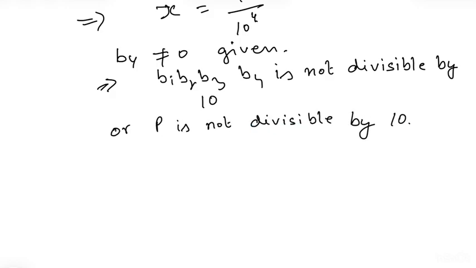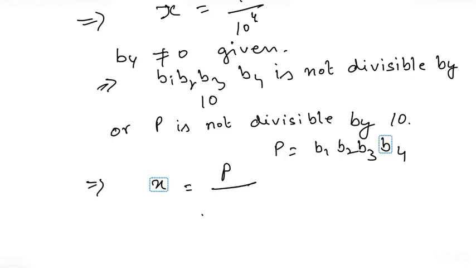Why not? Because p we have taken, p is equal to b1 b2 b3 b4. So this implies x is equal to p upon 2 raised to power 4 into 5 raised to power 4.